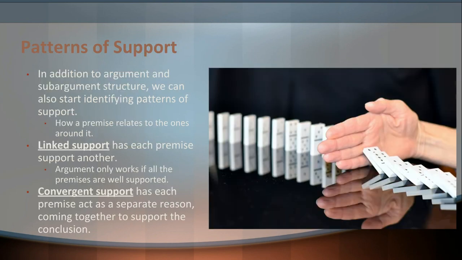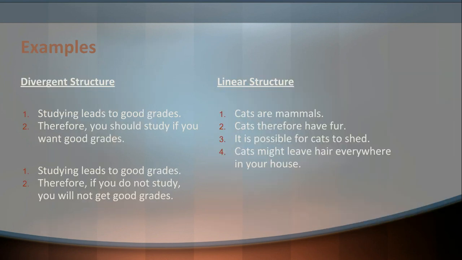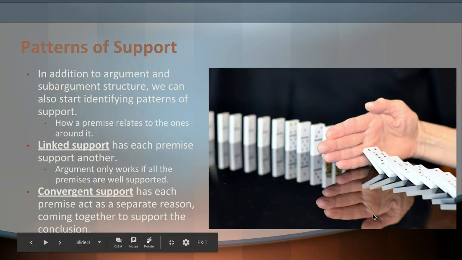But we can also talk about how the premises relate to each other as a matter of support, not just as attempted pieces of an argument, where I call this a subconclusion versus a main conclusion or whatever else. But we can also talk about how the different premises relate to one another. This has a significant amount of overlap, I will admit, with these sorts of ideas of structure.